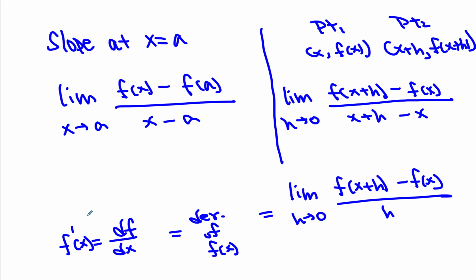Knowing these, then what we need to do is this. We should be able to find the derivative or slope at a particular point in 4 different ways. So first case is f of x is equal to 2x squared, just polynomial.